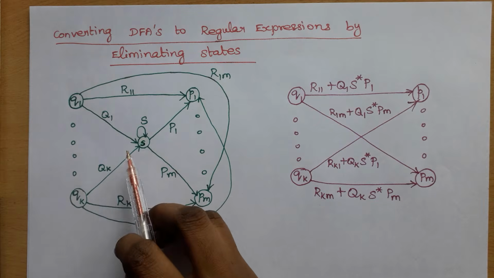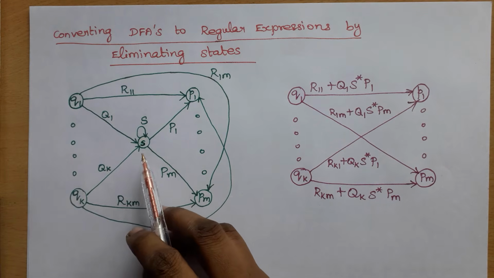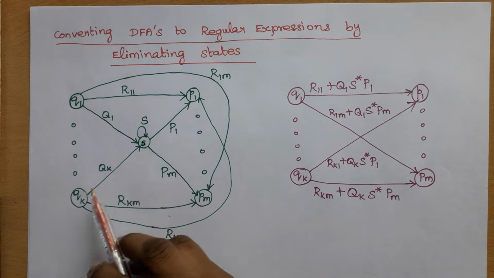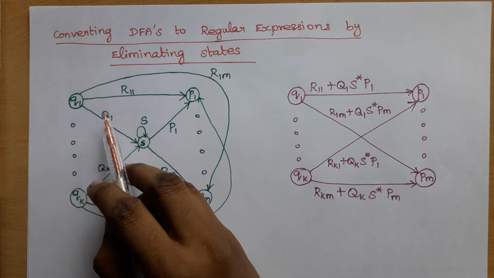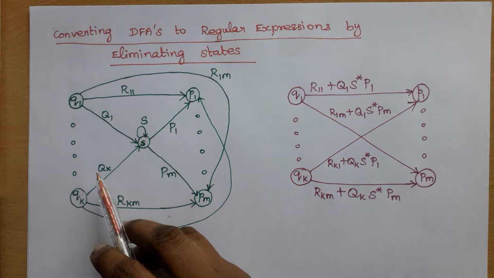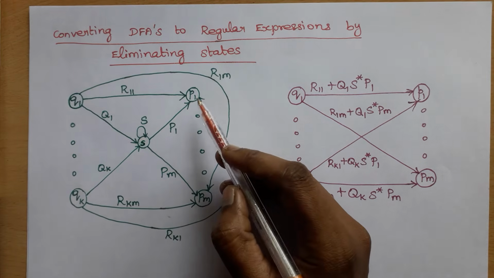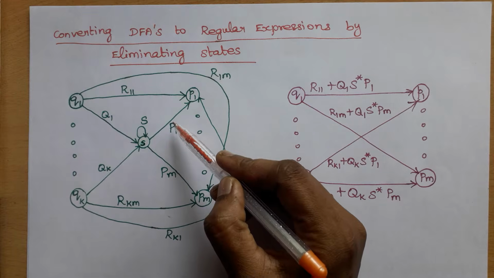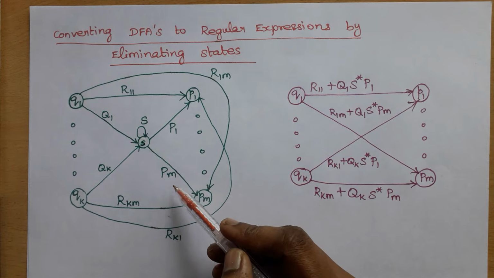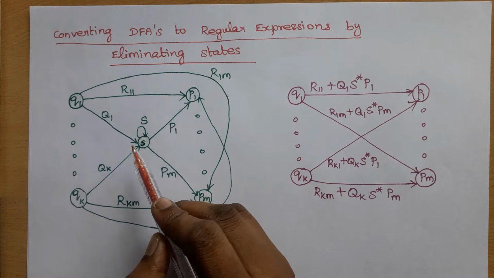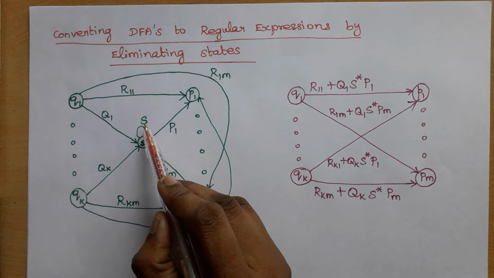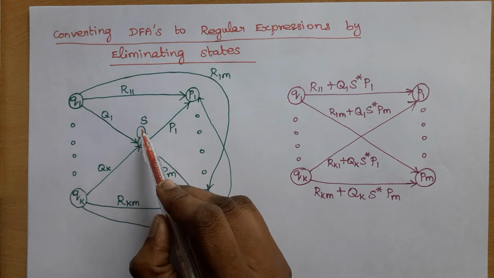The arcs from predecessor states to state S are labeled by the regular expressions Q1, Q2, up to Qk, and the arcs from state S to successor states are labeled by P1, P2, up to Pm, and the arc from state S to state S is labeled by capital S, that is the self transition.